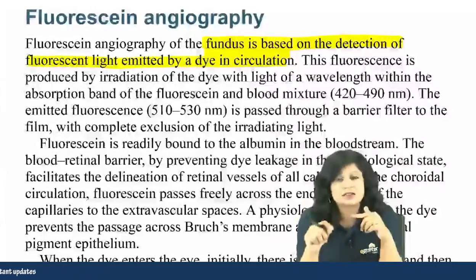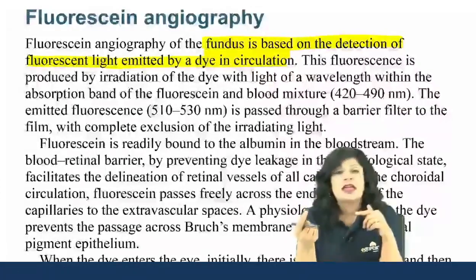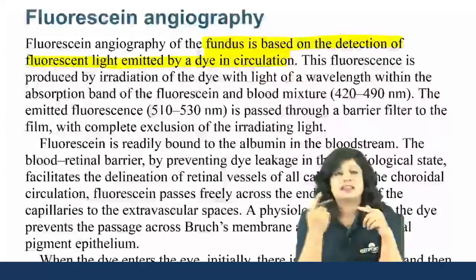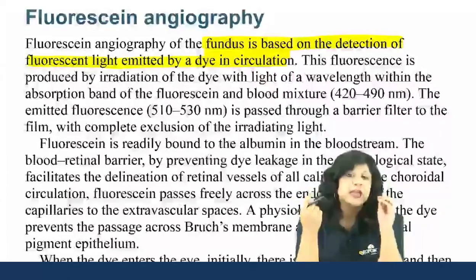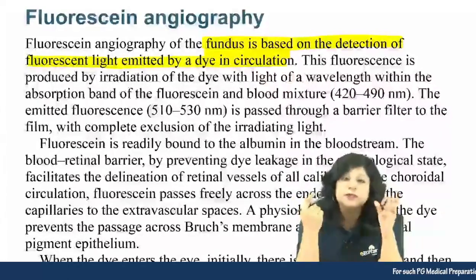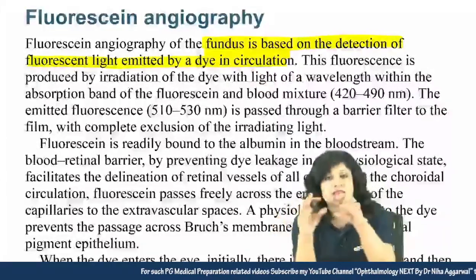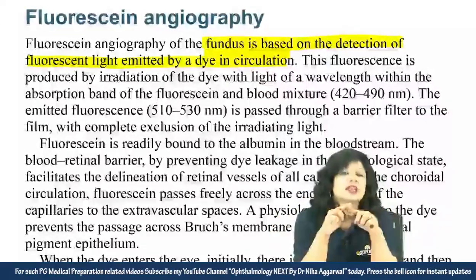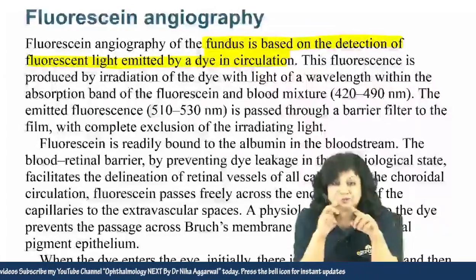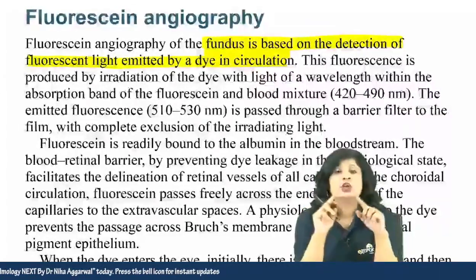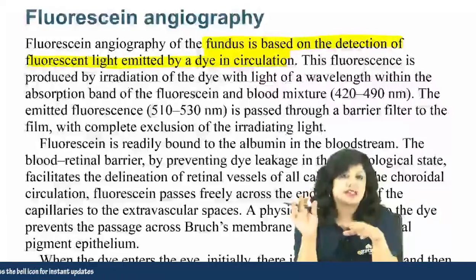From there it goes to the retina, and when it is circulating in the retina, the dye is emitting radiation. It absorbs light of one wavelength and emits another wavelength, making it fluorescent, so that we can see the whole of the arterial structure. This is the basic concept of fluorescein angiography.